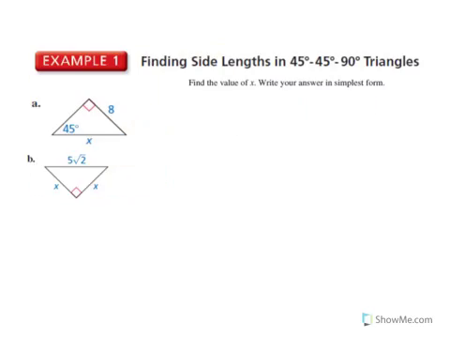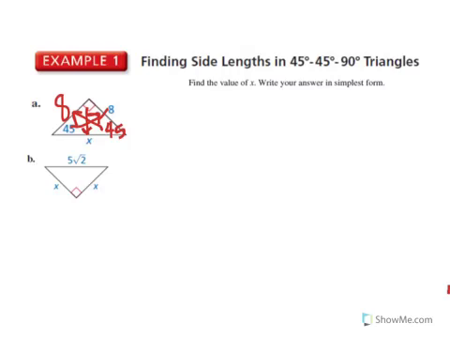Okay, the legs are the ones that are directly across from our 45s. So that tells us on A, that leg right there is 8. Since this is a 90, our hypotenuse is x. This angle over here is 45 degrees also, so it over here would also be 8. So both of our legs are 8.